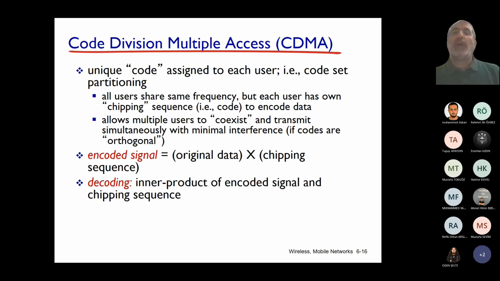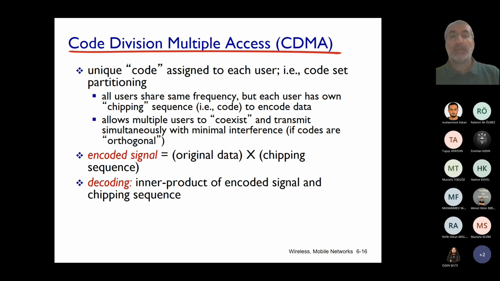We said that we have a wireless link and we need to access this channel using multiple access technologies. One of them is CDMA, which stands for Code Division Multiple Access. The basic idea here is we assign a unique code to each user from a code set. In this case, all the users can share the same frequency at the same time, but each user has its own chipping sequence or code.